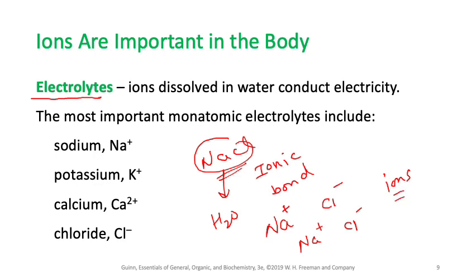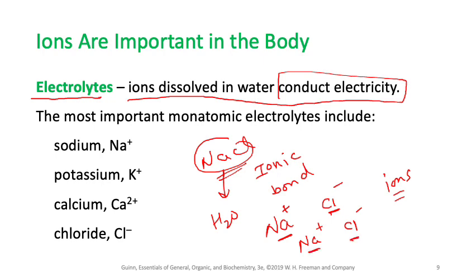So now let's get to the electrolytes. Electrolytes are the ions that normally get dissolved in water and which can conduct electricity. Whenever you dissolve an ionic compound in water, you will always get charged species separated from their original compound because of the presence of water. And because they are charged, they can easily conduct electricity.